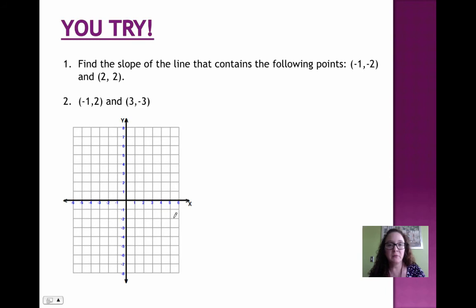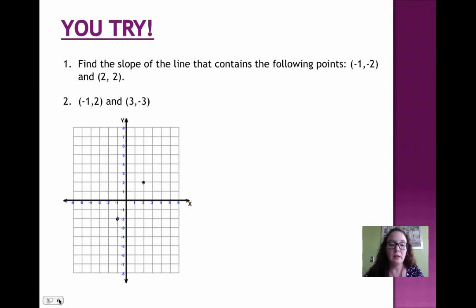Now it's time for you to try. So go ahead and draw a fresh coordinate grid and pause the video as you go through these. So we want to find the slope of the line that contains the following points. -1, -2. So I want to go -1, -2, and +2, +2. Okay.